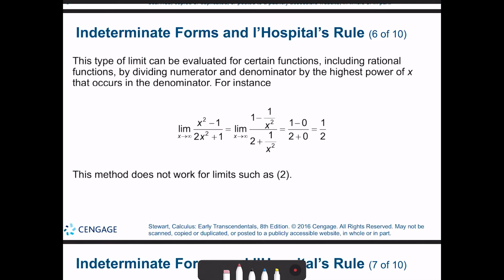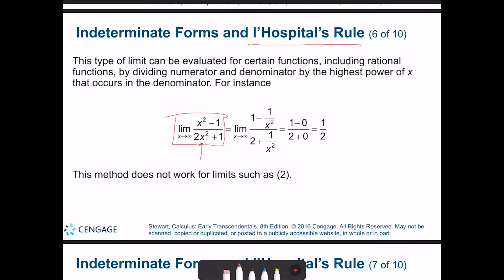So just as a reminder, a limit trending toward infinity of this form could be evaluated without using what we're going to be talking about, L'Hopital's rule. This limit could be evaluated by doing a bit of a trick and dividing both the numerator and denominator by x squared, which is the variable to the highest power occurring in the denominator.